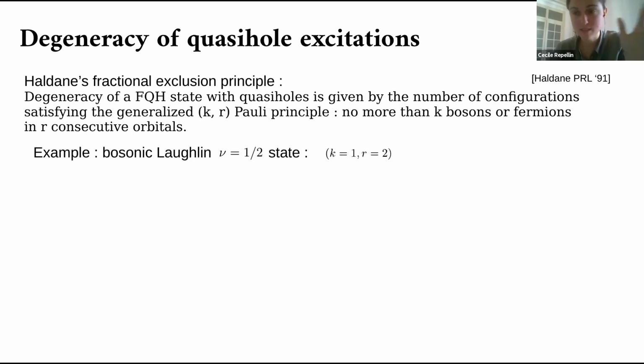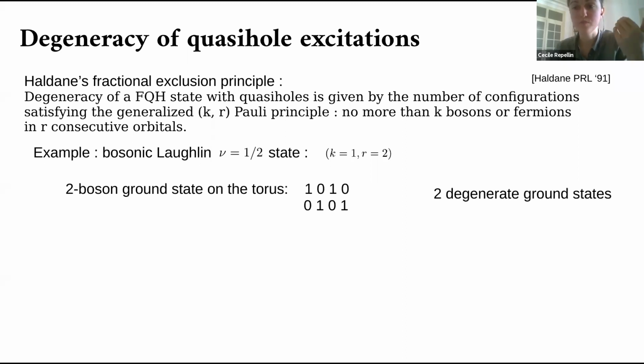So it's maybe very abstract when I say it like this. So again, let's take the example of the bosonic Laughlin 1/2 state, which follows a generalized exclusion principle of 1, 2: no more than one boson in 2 consecutive orbitals.